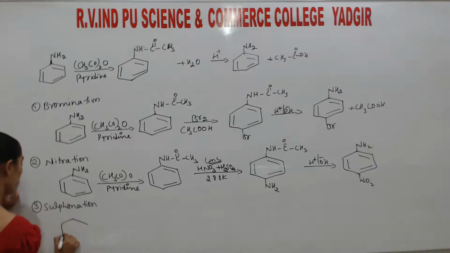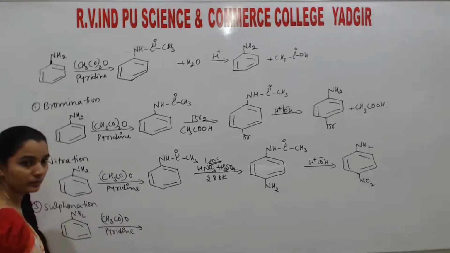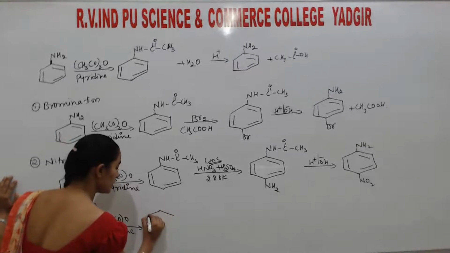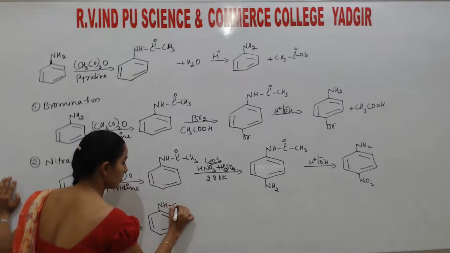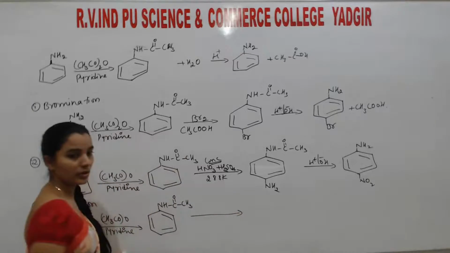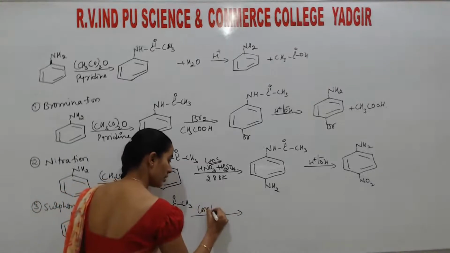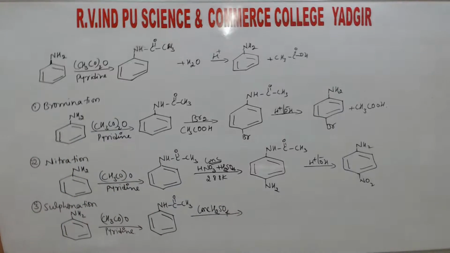then this is aniline. So it is treated with CH3COO in presence of pyridine. Now, this is NH, C double bond O, CH3. So students, here we are doing sulfonation, means we are using concentrated H2SO4 as a reagent.